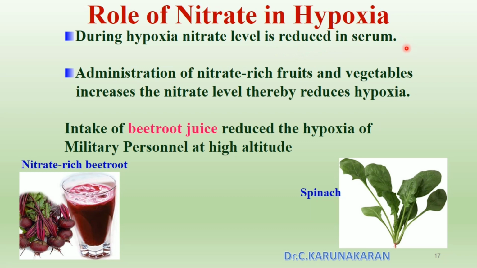We have used our biosensor and measured the nitrate levels are reduced in serum of hypoxia disorder military personnel. After administration of nitrate rich fruits and vegetables, for example spinach, the nitrate level increases. Therefore, it reduces the hypoxia disorder.